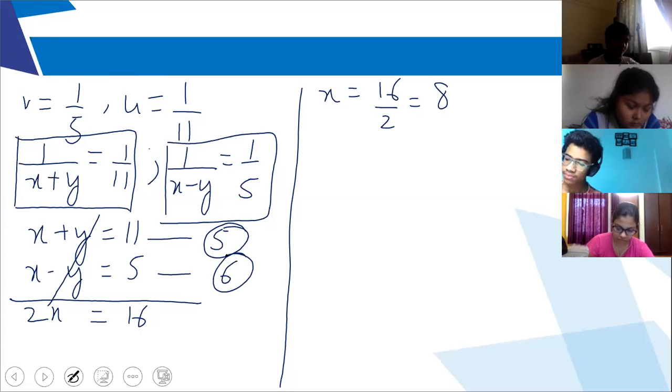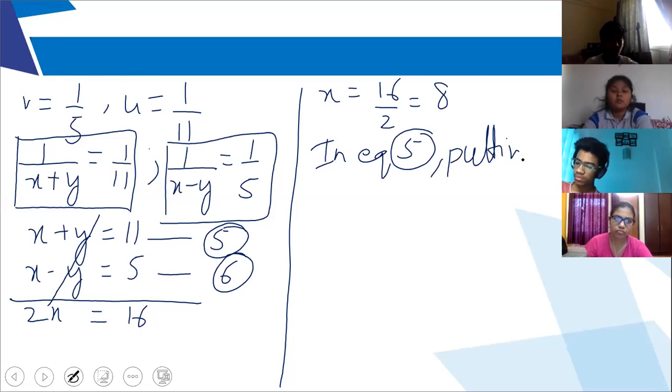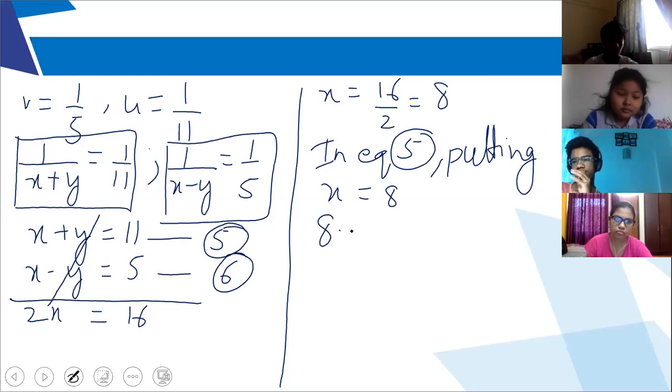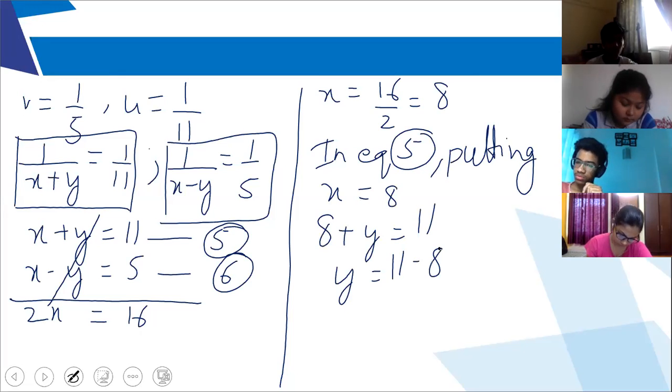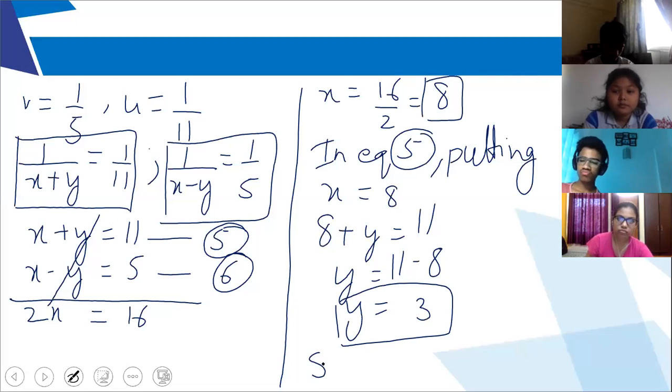Putting x is equal to 8, so 8 plus y is equal to 11. y is equal to 11 minus 8, which is equal to 3. So y is equal to 3 and x is equal to 8, and the solution set is (8, 3): put them inside brackets and separate them by a comma.